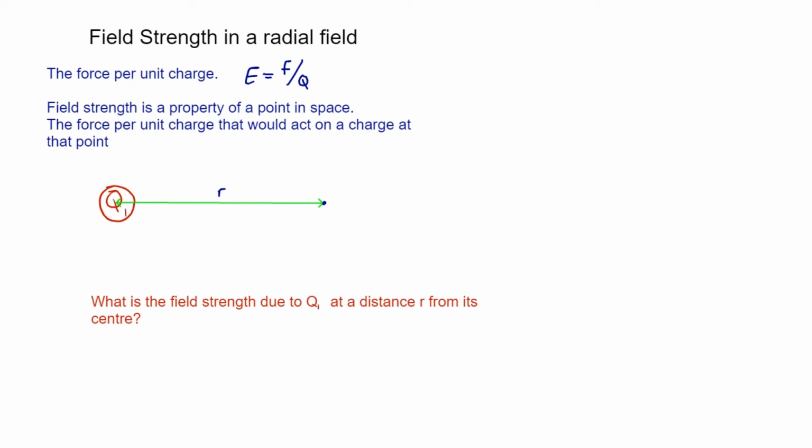Well, we can do a bit of a trick here. We can actually just utilise Coulomb's law to derive it. Remember Coulomb's law from the last section told us that the force between two charges was Q1 Q2 over 4 pi epsilon naught R squared.